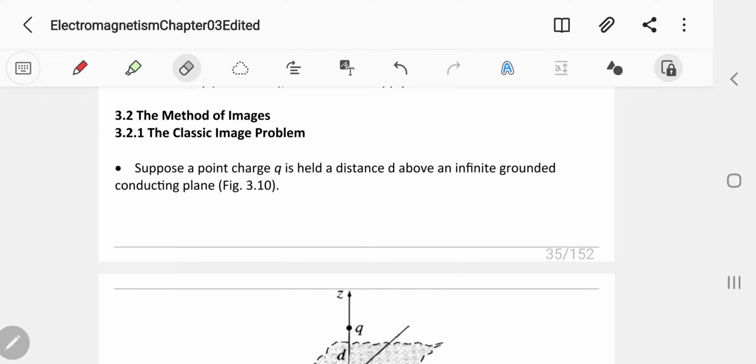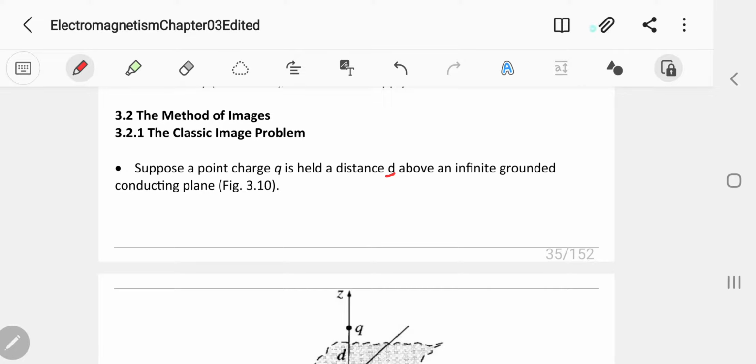on its surface. So like here, suppose a point charge Q is held a distance d above an infinite grounded conducting plane. When you say grounded, the potential is zero, or the charge on the surface is initially zero.